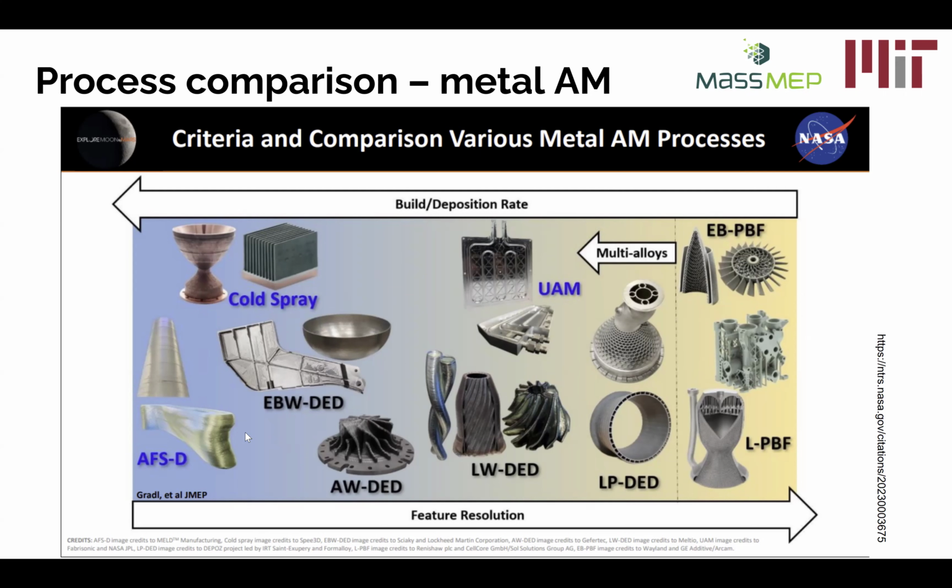So electron beam, and maybe the W is wire, and LW is laser wire, and so on. And so what you realize is, you don't want to think about buying a 3D printer in the same way that you think about buying a vacuum cleaner for your home or a microwave or some other general appliance, where you're looking at, oh, what does it cost relative to this other machine and how big is it and so on. You want to use the same amount of specificity that you would use if you were selecting any other machine tool in your shop.